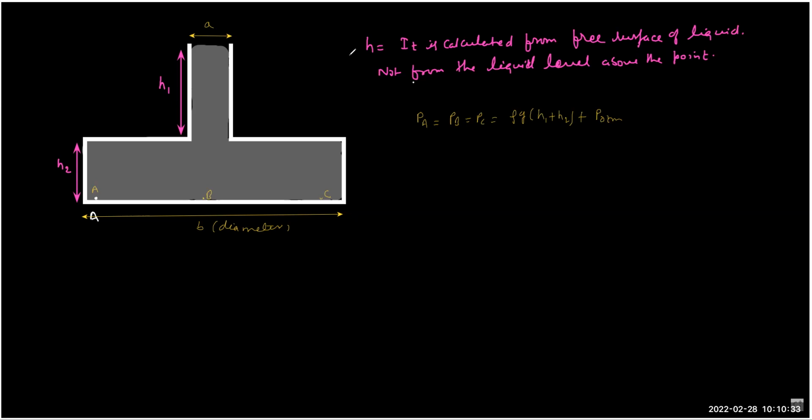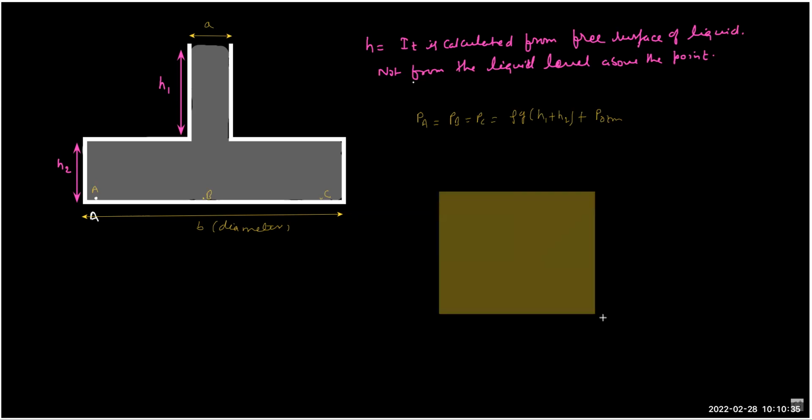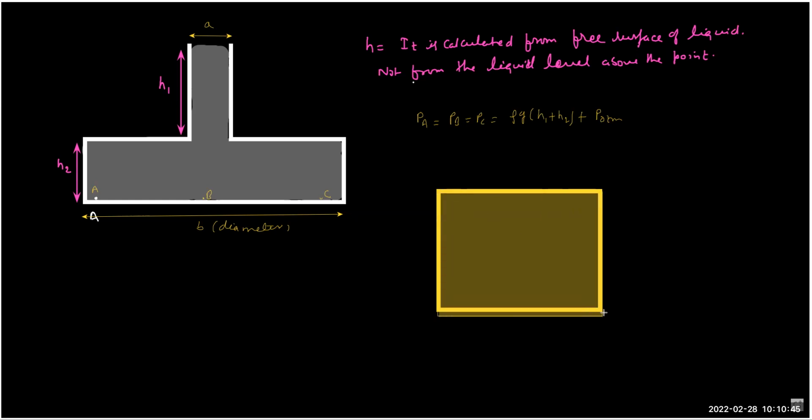So even if we have a closed container filled with liquid, let's say we make a dent here so that air can enter, a small hole, not a big hole.